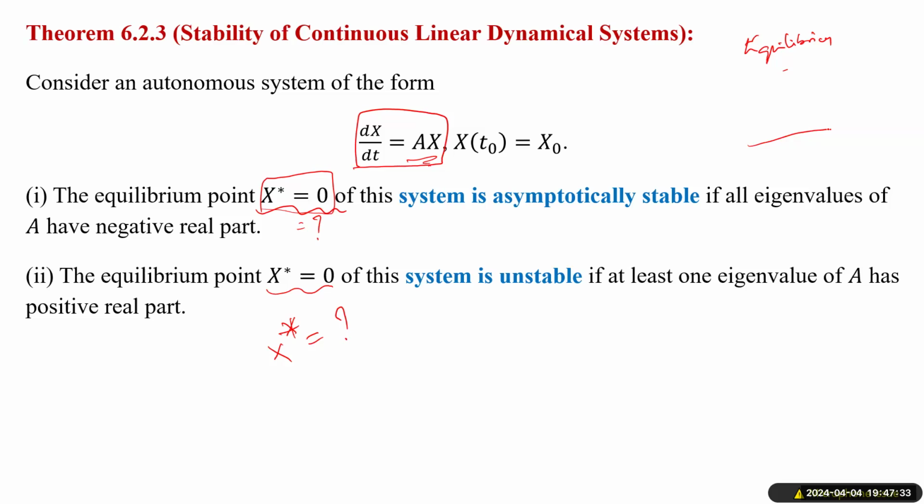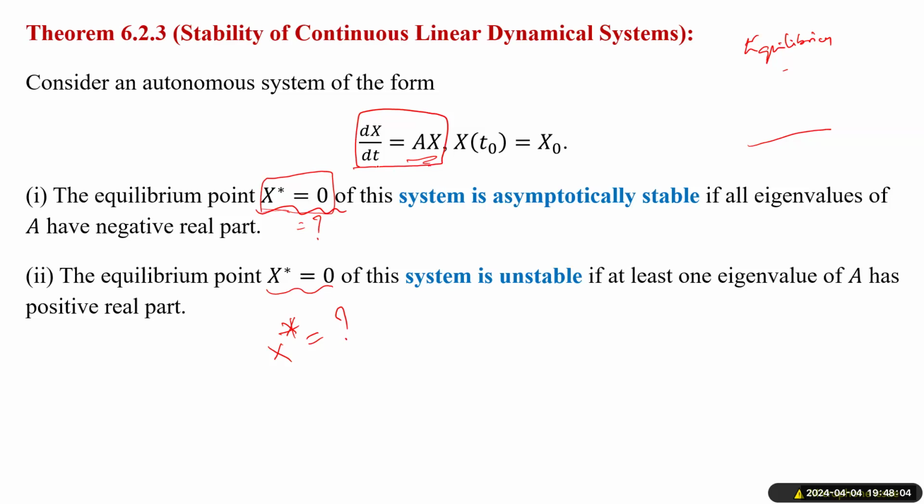That's why I call the equilibrium point x star equal to 0, the existence for the autonomous system of this form. Even though other non-zero equilibrium points may or may not exist, there is a guarantee for the existence of the equilibrium point (0, 0) for this autonomous system.